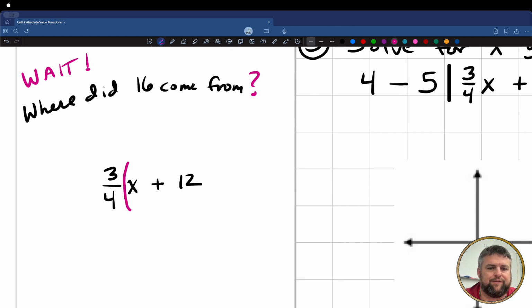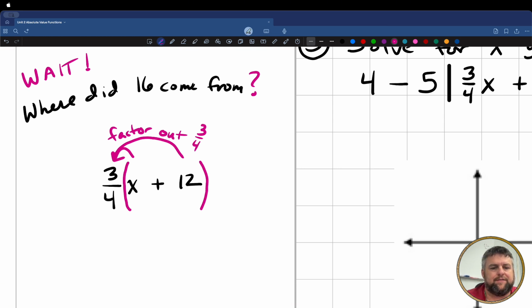So we're going to factor out 3/4 from each of these terms. Well, it's easy to factor the 3/4 off of the x, but what happens here?